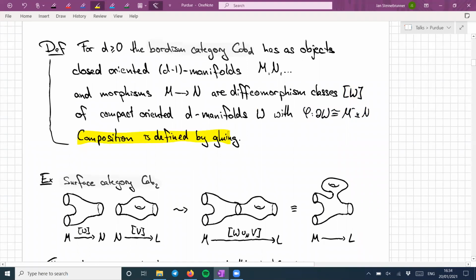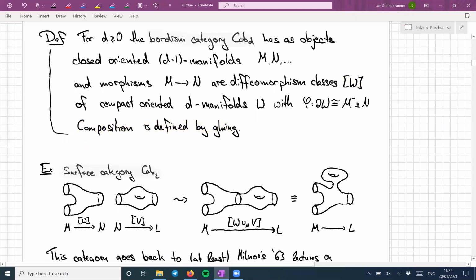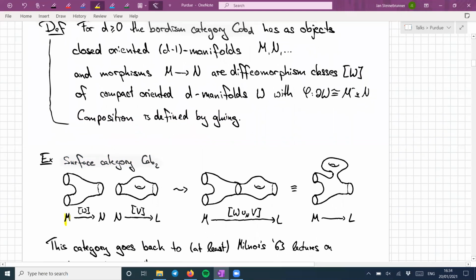Again, there are some details, but maybe the best way to see this is to just look at pictures. The pictures I drew are in the two-dimensional case, so this is the surface category, Cob_2. I have this morphism from two circles to one circle, which is just a pair of pants. And I have an endomorphism of the circle given by the two-punctured torus.